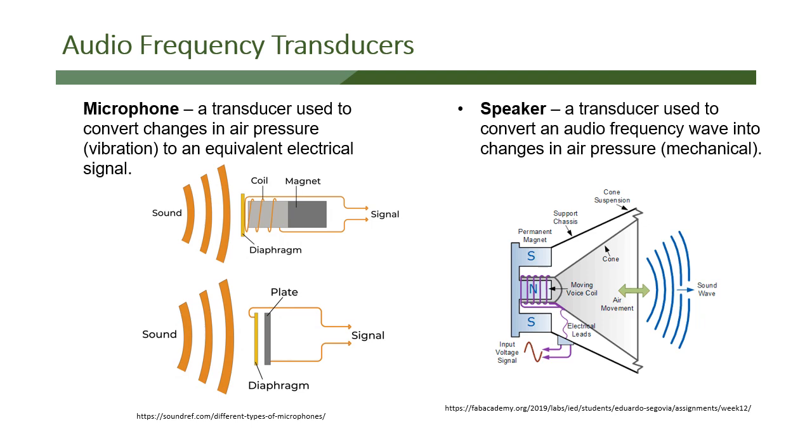We can take vibration from the air and convert it to a signal, and we can take the signal and convert it to a vibration in the air. If you notice carefully, the dynamic microphone and the speaker are very similar. In fact, you can take a speaker and use it as a microphone, and vice versa. They won't be great, but they will work if they're both in this kind of design.